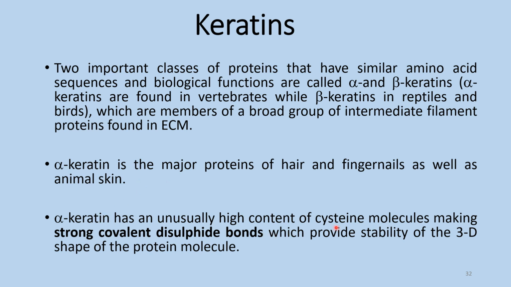Alpha keratins are rich in the amino acid cysteine. These cysteine amino acids are sulfur-containing amino acids, and they form strong covalent disulfide bonds. These strong covalent disulfide bonds provide the strength and the stability of the 3D shape of the protein molecule.